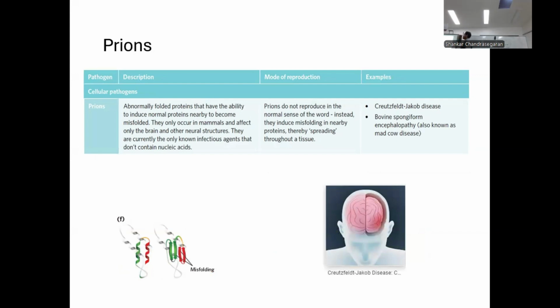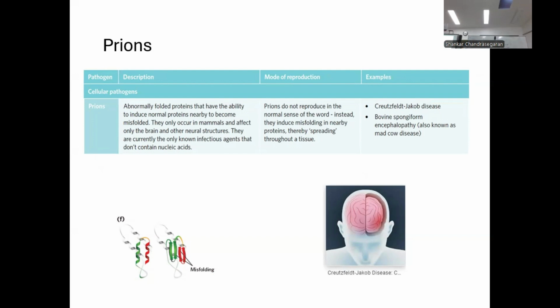All right. Now, the last non-cellular pathogen is your prions, right? These are basically abnormally folded proteins that have the ability to induce normal proteins nearby to become misshapen, and that means they are not able to carry out their original function.